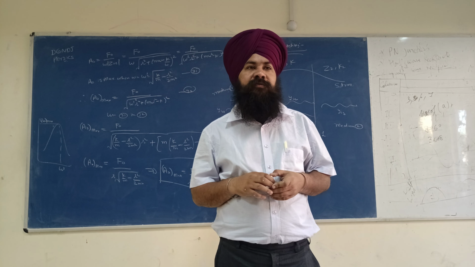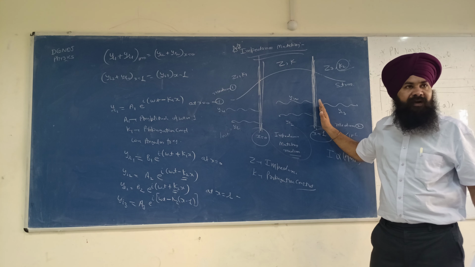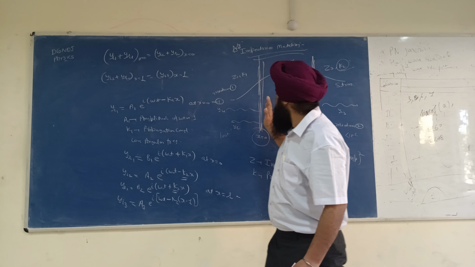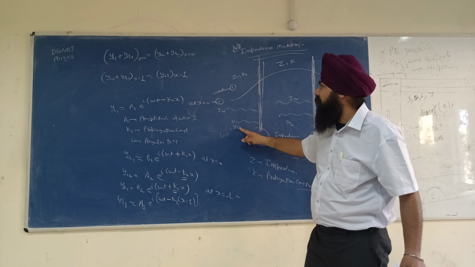Please switch off the fans. See, this is very important. Now take the two boundaries. The first boundary is at x is equal to 0, the second boundary is at x is equal to L. At this boundary we have two wave functions, yi1 and yr1.